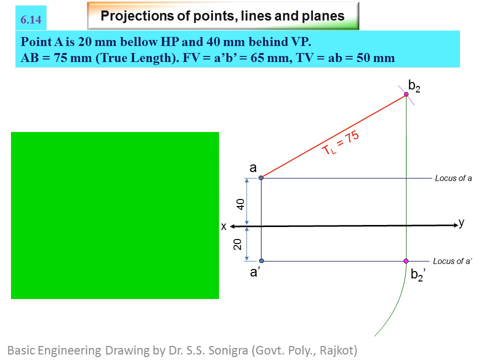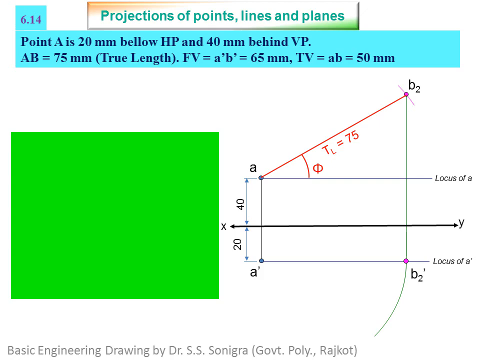So whenever the length of front view and true length are given, these steps should be followed. First of all, draw the arc of the given view, that is front view. Then from that point draw a straight vertical line, and we can draw its true length. Measure this angle, that angle is phi, because A is top view.